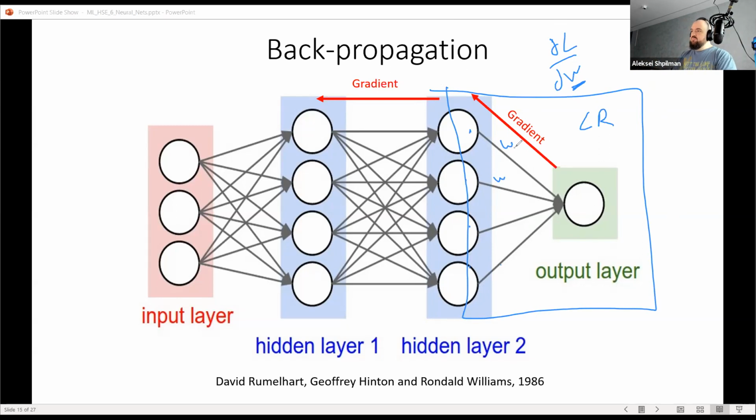So this is W1, 2, 3, stuff like that. So we can calculate the gradient, but now we need to push the gradient even further. So this is again W, and we need to evaluate the loss function over that W as well. Because once we calculate the derivative of the loss function over every weight, we can shift that weight in the right direction and shift the whole neural network in the right direction.